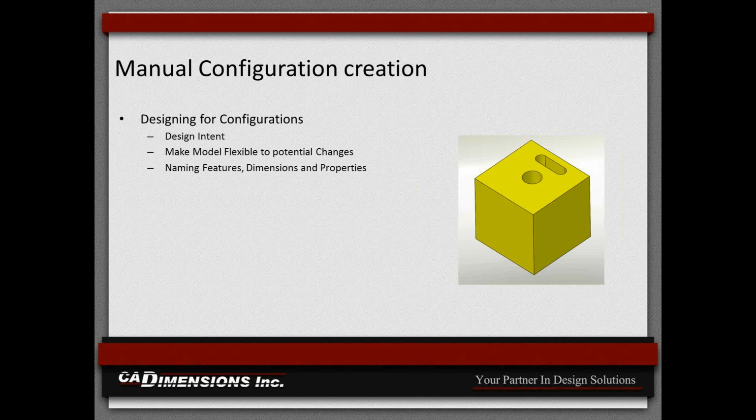This particular example, I'm going to show you two ways that it could be designed, and one of them is flexible, one of them not so much. Also, in that process of creating the model, there's some benefits to being able to name features in such a way that it could be useful for configurations, name dimensions, and then also custom property information. This is all important.